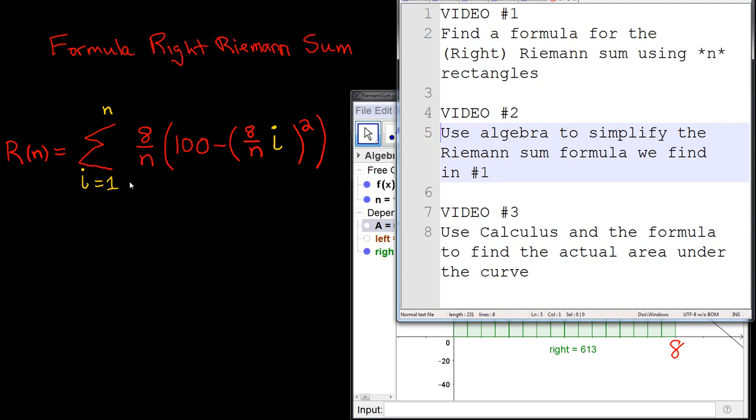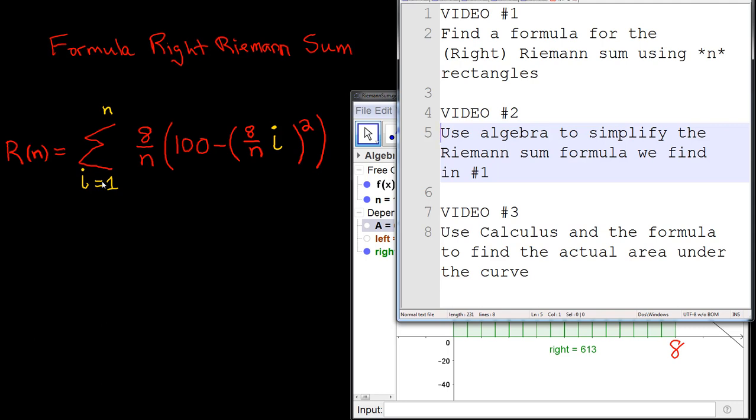If you're using a computer, that's no big deal because computers can add thousands of numbers together very quickly. But we want to use algebra to simplify this so that the summation is not there anymore, so that there won't be thousands of computations hidden behind the scenes that a computer could do that we couldn't.